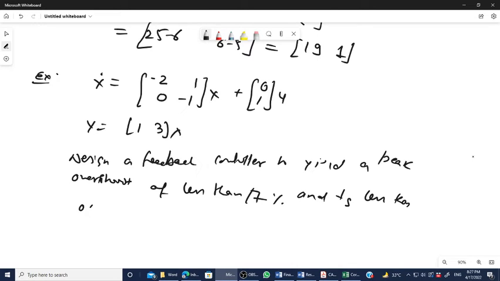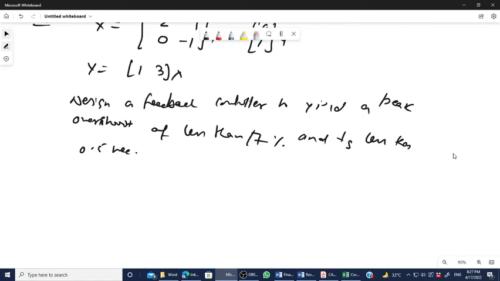It is a very important problem. Such type of problem will be asked in the exam. So design a feedback controller to yield a peak overshoot of less than 17%. Peak overshoot should be less than 17% and settling time is also less than 0.5 seconds. So this is the specification given.